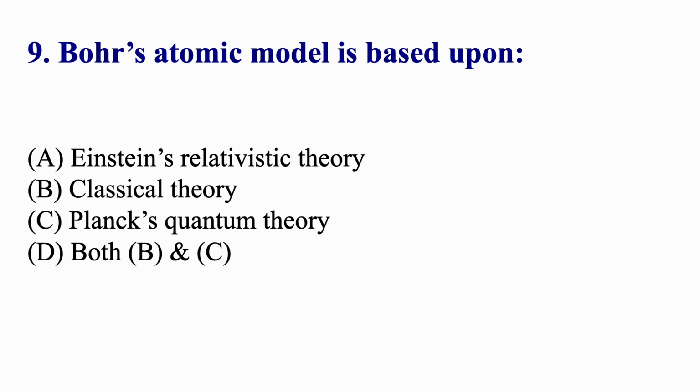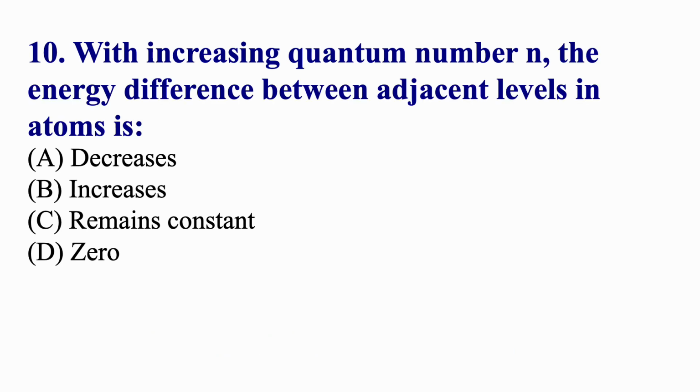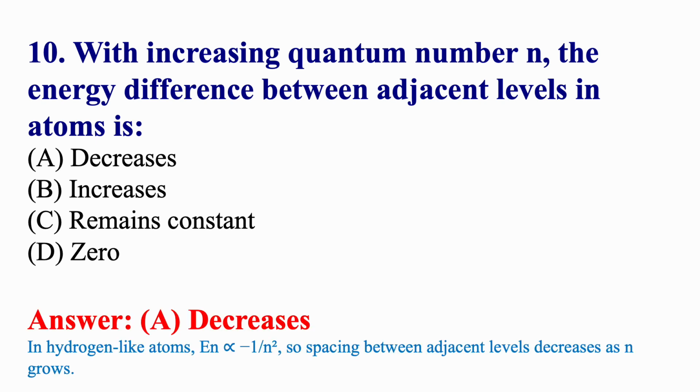Bohr's atomic model is based upon both B and C. B is classical theory and C is Planck's quantum theory. With increasing quantum number n, the energy difference between adjacent levels in atoms decreases.